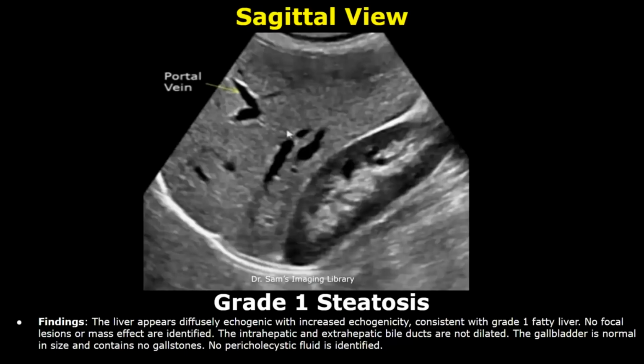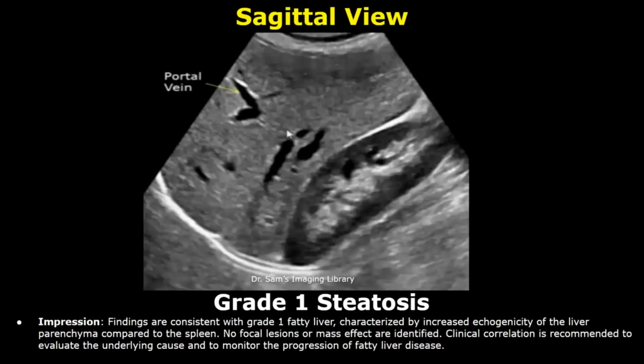In the findings, you can write the liver appears diffusely echogenic with increased echogenicity, consistent with grade 1 fatty liver. If there is no other abnormality found, you can write this line. And then you can write about the bile ducts and the gallbladder.